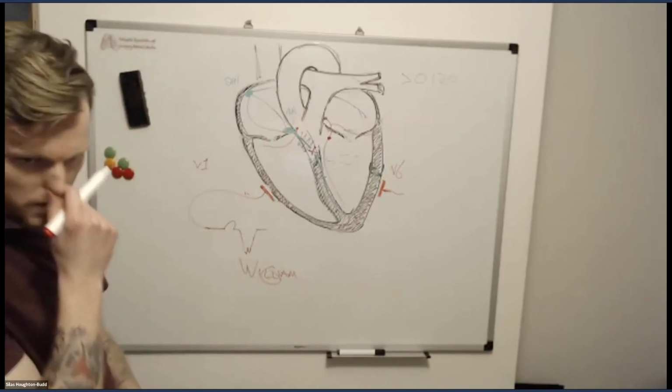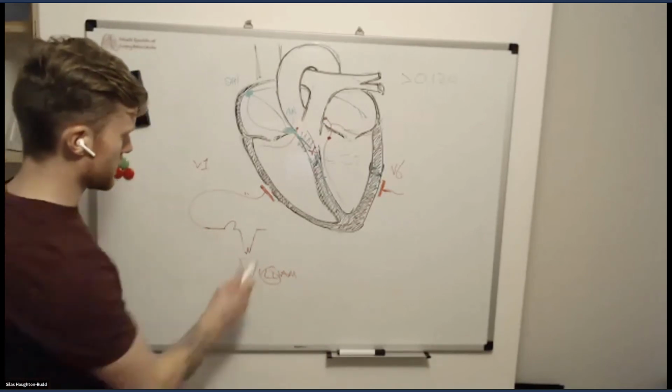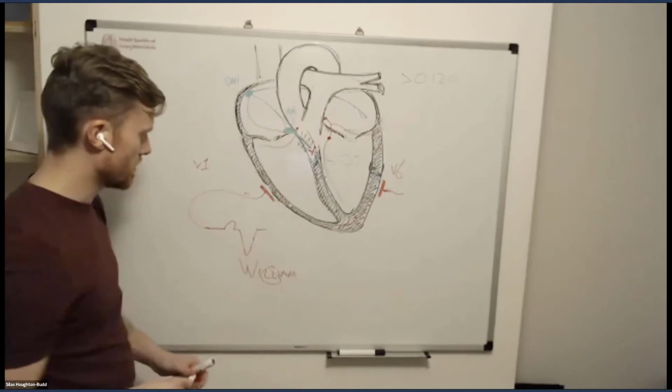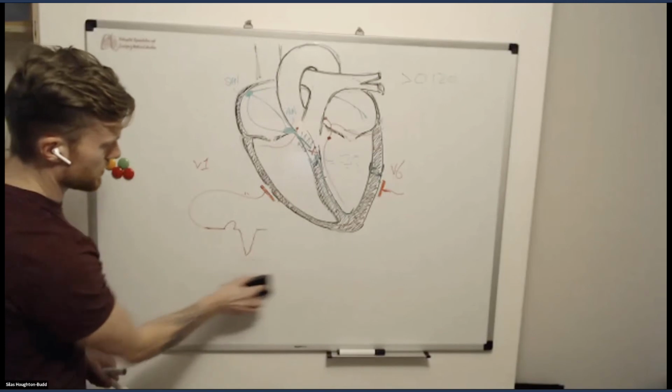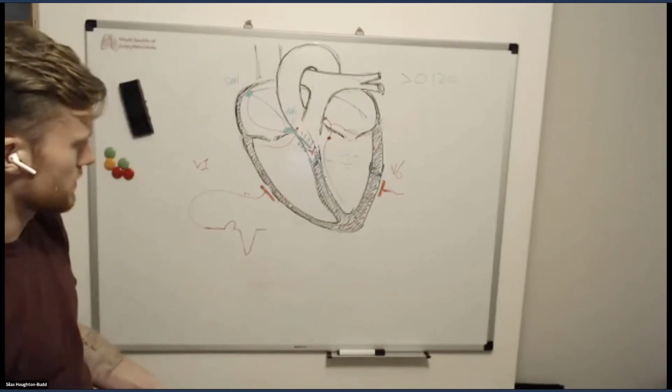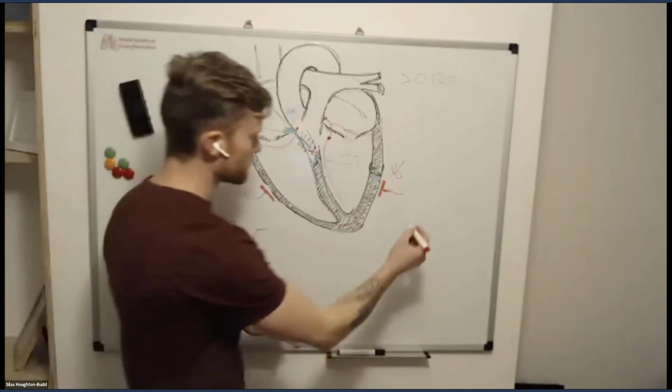That implies left bundle branch. However, like I say, this notching doesn't always occur, and quite often you'll see a left bundle branch block in which V1 doesn't have that W, and so that's personally not a method that I would recommend.